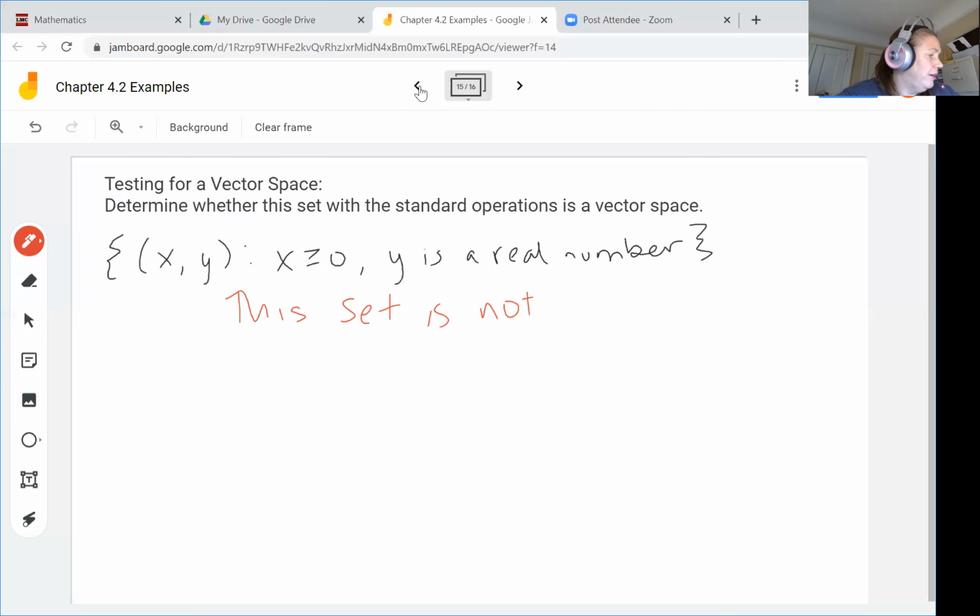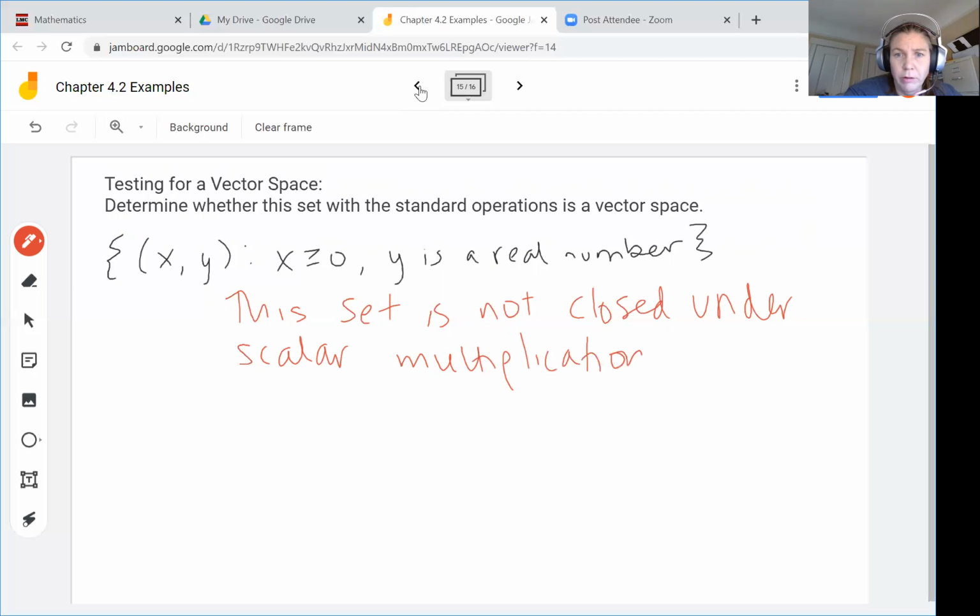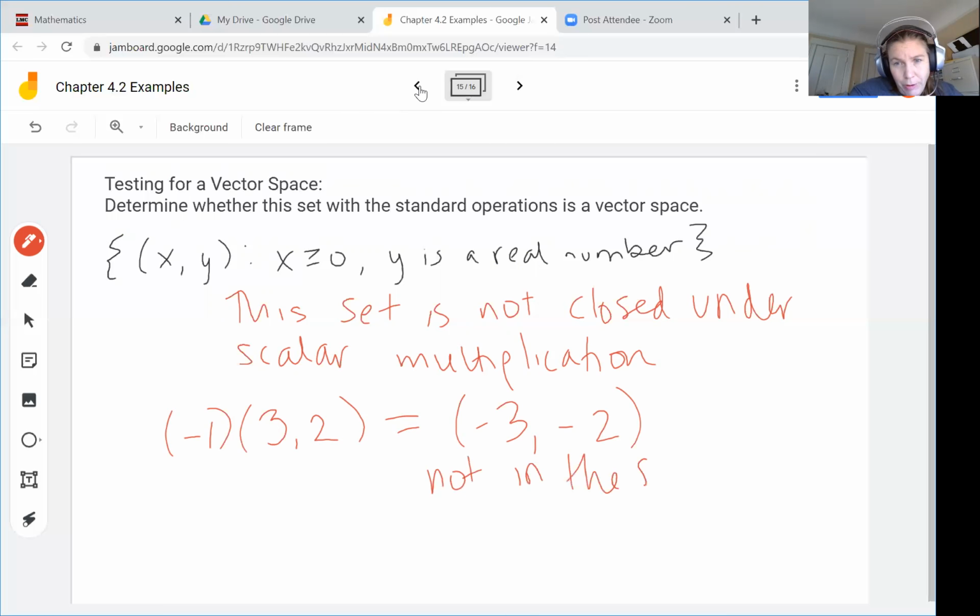But we can say this set is not closed under scalar multiplication. So for example, if I multiply a negative scalar by, say, the ordered pair (3, 2), then I get (-3, -2), which is not in the set. So I can say this is not a vector space.